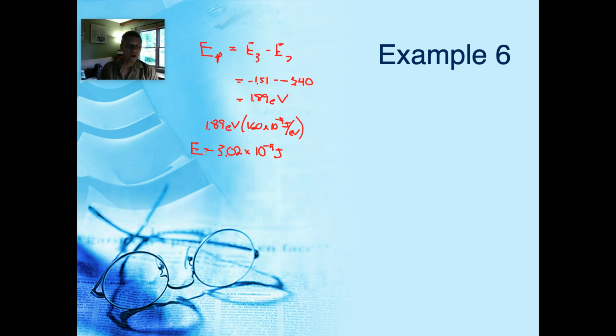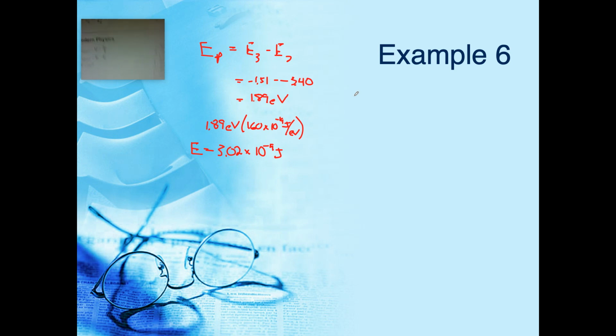Okay. Now, the second part of the question asks you to calculate the wavelength of this light that was emitted. So for this, we're going to go to our formula sheet once again. And the very first formula on the modern physics page is the energy of the photon equals Planck's constant times the frequency, or Planck's constant times the speed of light in a vacuum divided by wavelength.